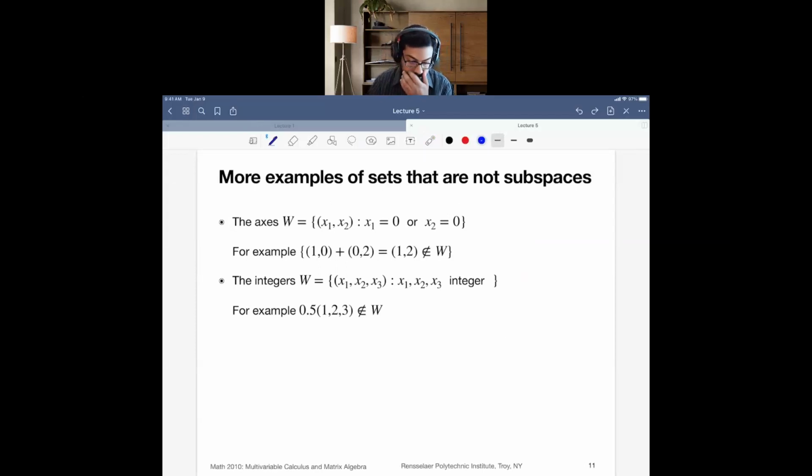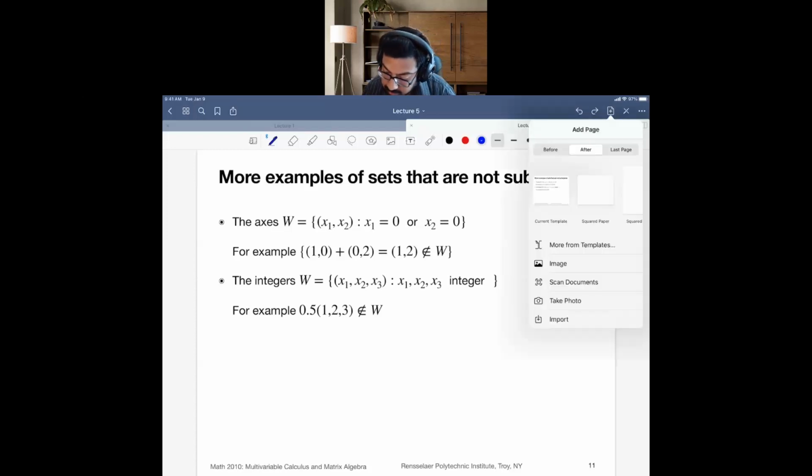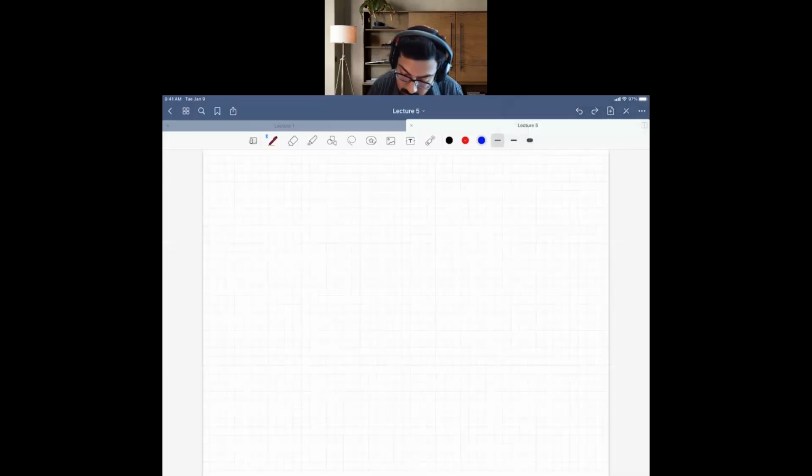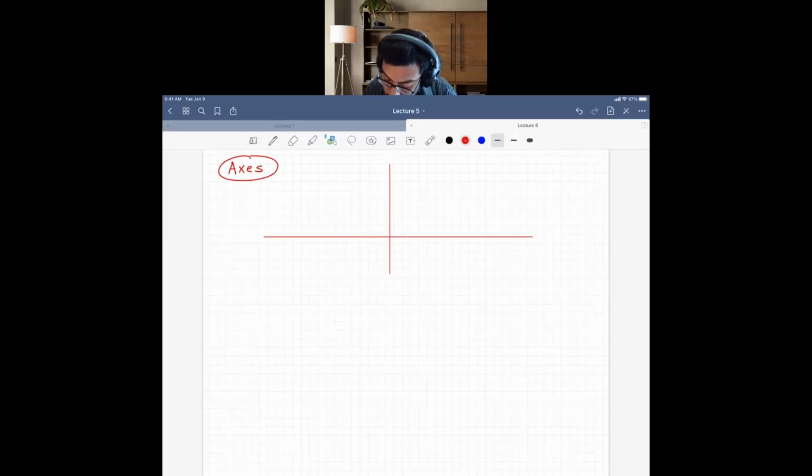Actually, let me prove that over here. If I add another page here and talk about axes, how can I prove that axes are not going to be a subspace? So the values that are on the axes. Let's take a 2D sketch here, and I'll try to put some values, say U's. They have to belong to the subspace, right?